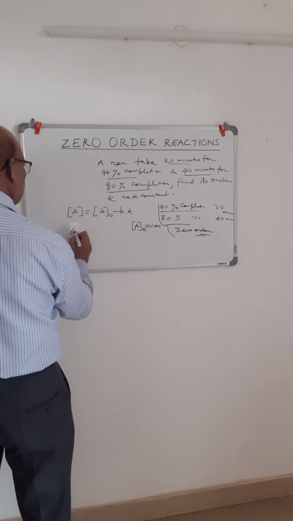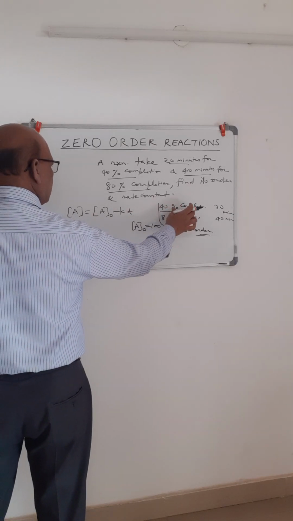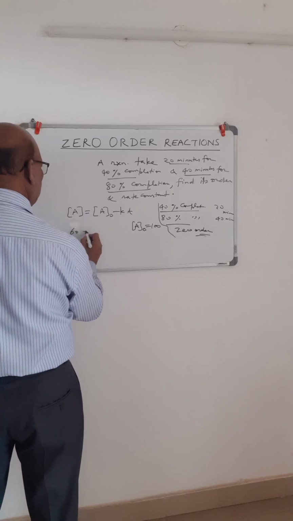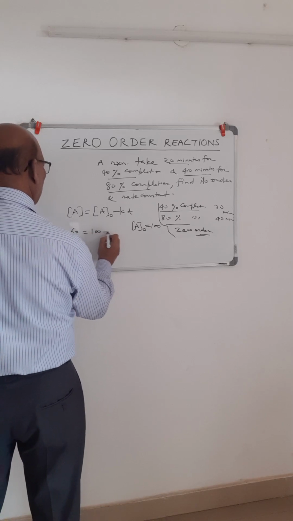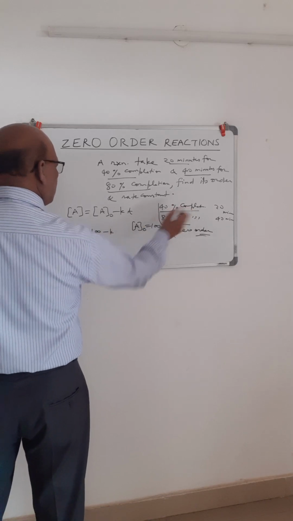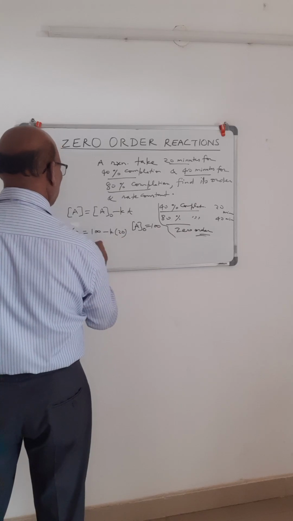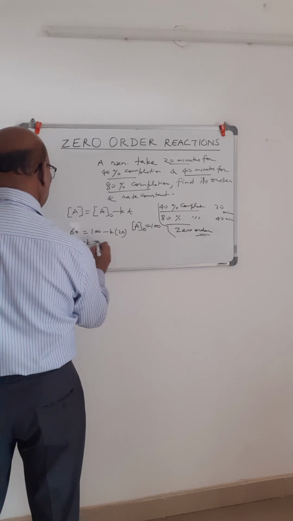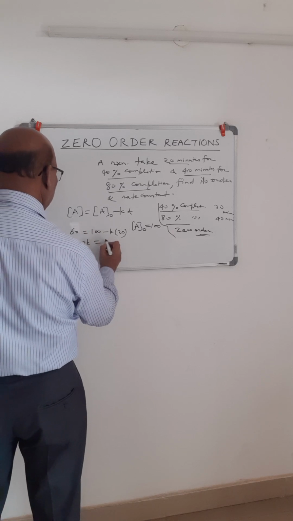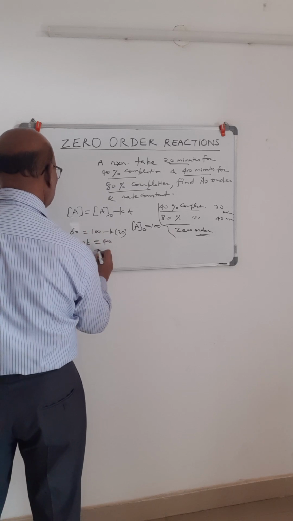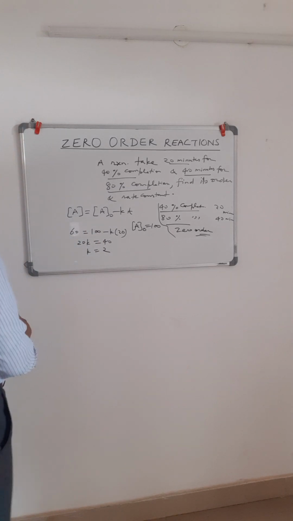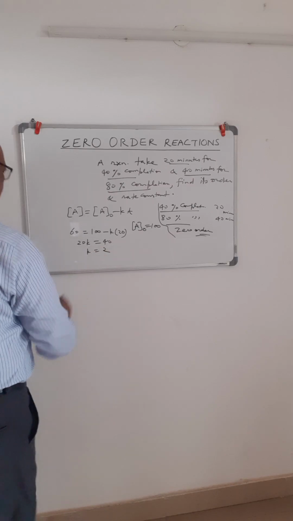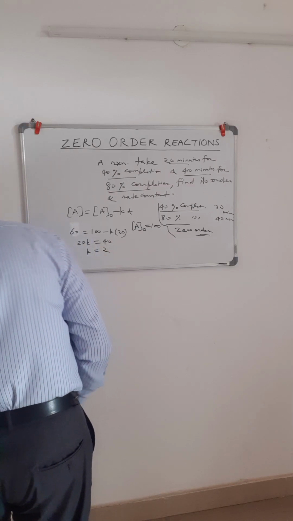A will be 60 because 40% completion means remaining concentration is 60 equal to 100 minus K into time is 20 minutes. Okay, so we can find the value of K. 20K is equal to 100 minus 60, that is 40. So K is equal to 2. Okay, so that is how we have found out the value of K.